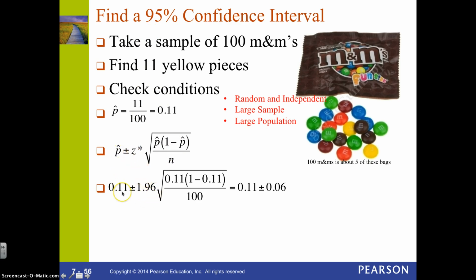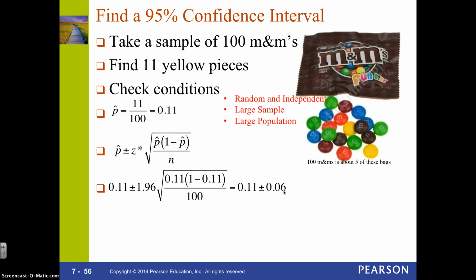So p hat is 0.11 plus or minus z star, which is the 1.96. And again, I'm going to use p hat as 0.11, so 0.11 gets put in for my p hats. My sample size is up here at 100, so I'm going to be dividing the whole thing by 100. If you calculate just this piece, which is my margin of error, I get 0.06. So I actually have a 6% margin of error.